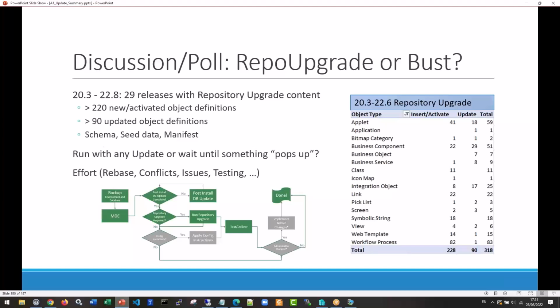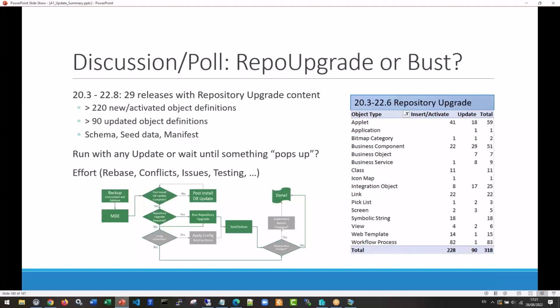It could be quite a lengthy procedure to apply the repository upgrade just for one business service. Let's say I want this XML to XSL converter, and so I hear it's in the repository upgrade, so I run it. But I never ran the repository upgrade on my Siebel environment before. So what happens then is that, of course, it applies all the repository upgrades from the beginning.